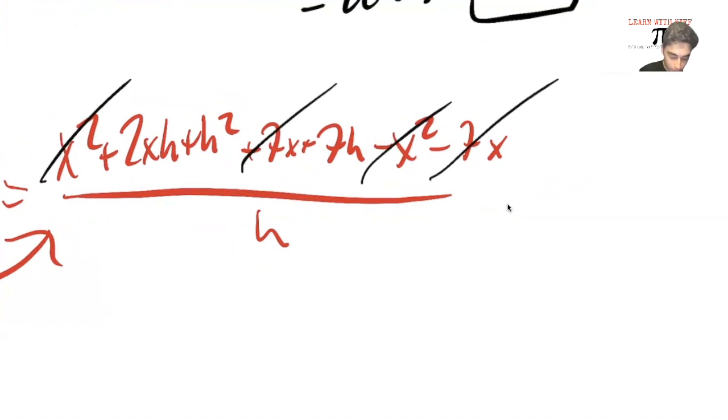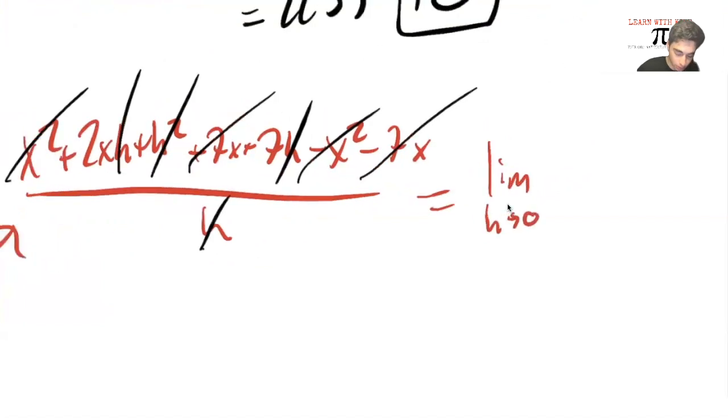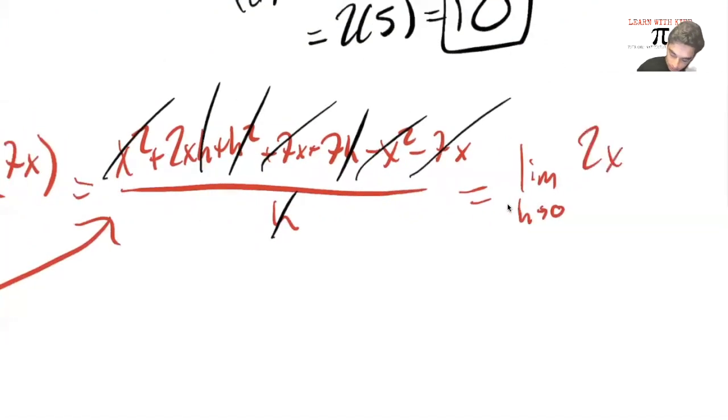And then if we divide by h also, that cancels, that cancels, that cancels, and that goes down by 1. So then we have the limit of h approaching 0 of 2x plus h plus 7. Not over 0, my bad. Just that.